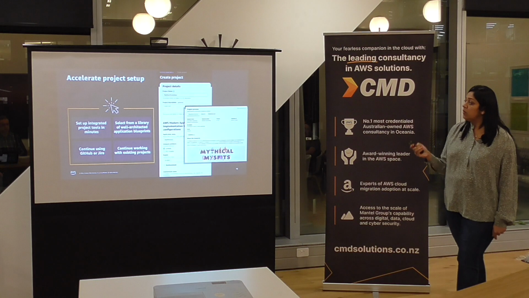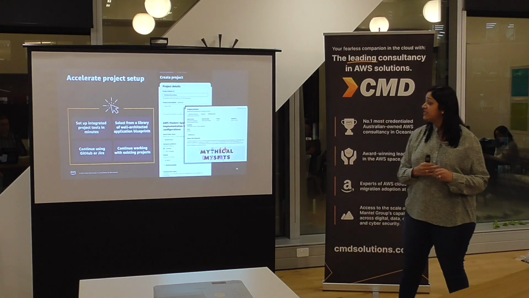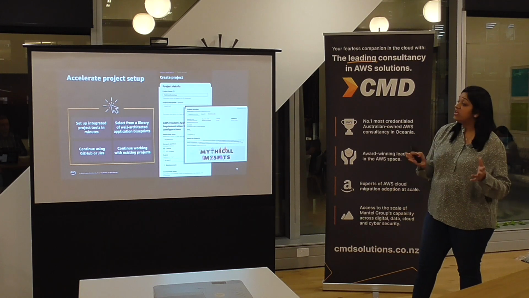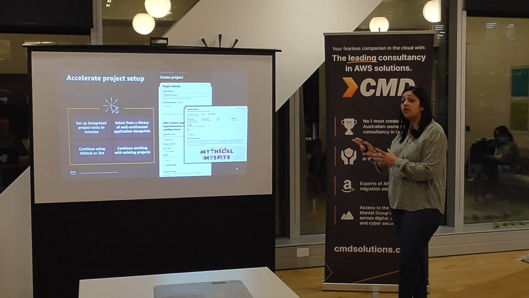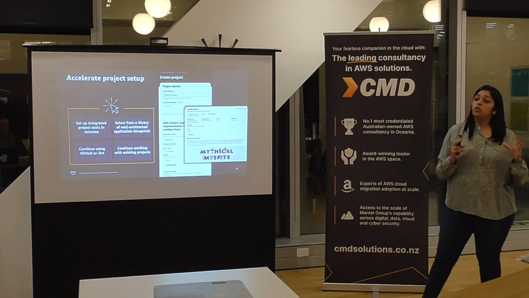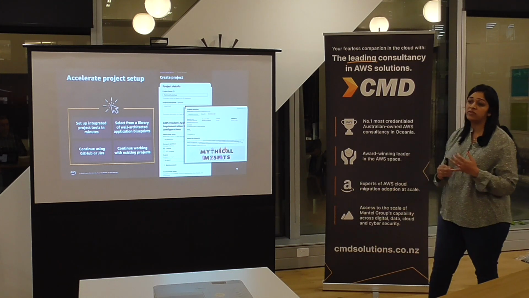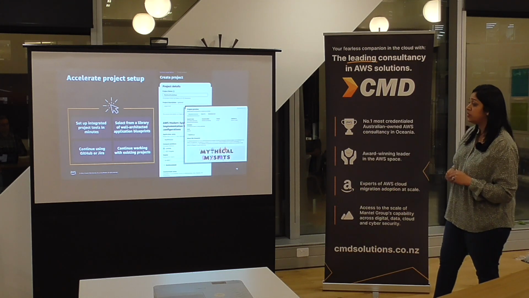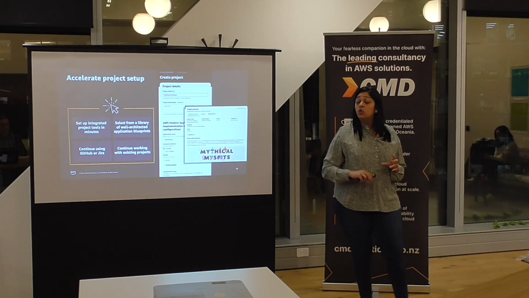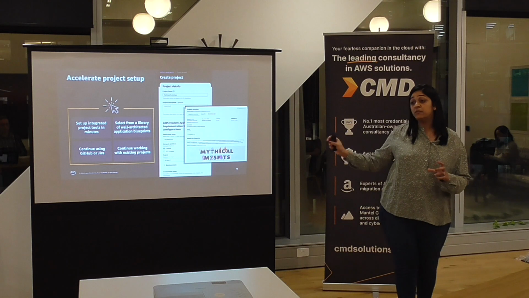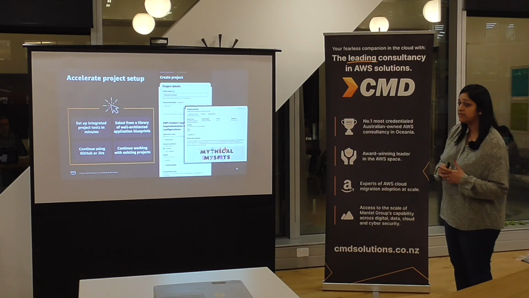So let's look at how you can set up the project, how you can accelerate the project setup. As I mentioned, in minutes, in just a few clicks, you can set up the project. You can select from the library of blueprints. And these blueprints are created using the well-architected framework in terms of security, performance, reliability, etc. And if you are using GitHub or Jira already, you can extend the CodeCatalyst space to use your GitHub repository or your Jira issue tracking system.